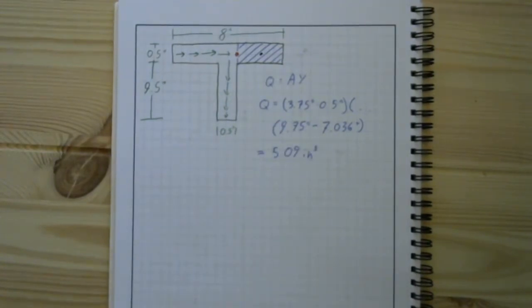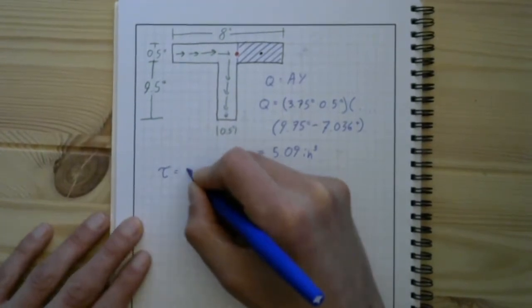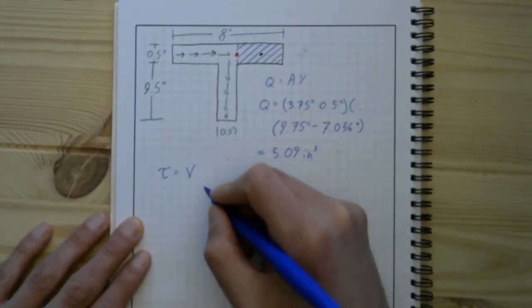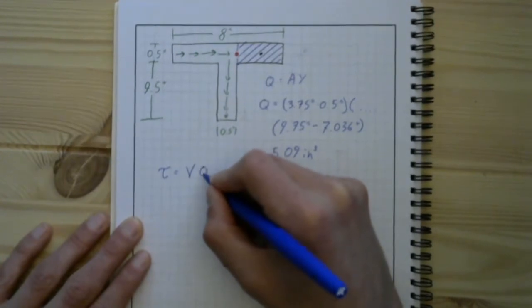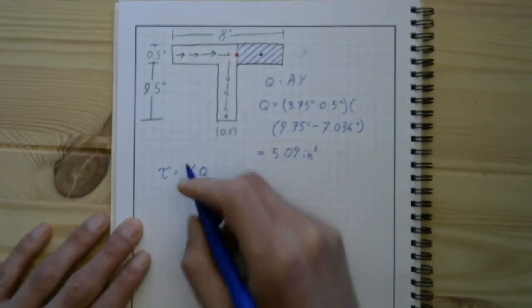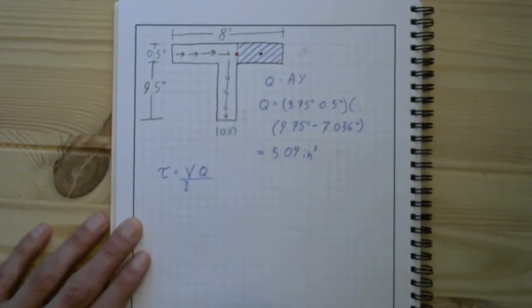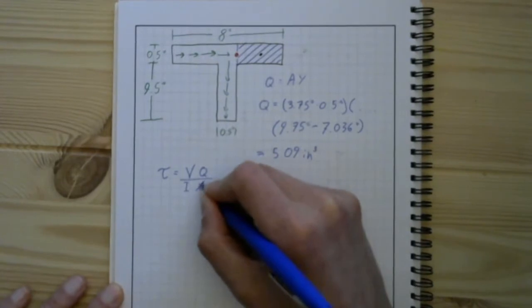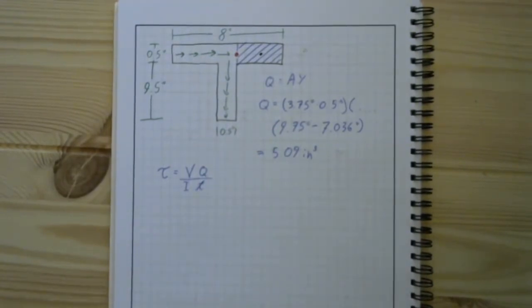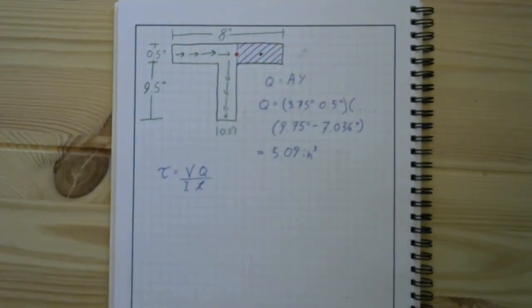The shear stress is equal to the shear force applied times Q, the moment area, divided by our second moment of inertia, and t, our thickness. So we've got Q, we've got t, that's just going to be 1/2 of an inch.